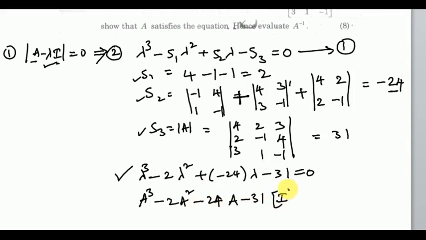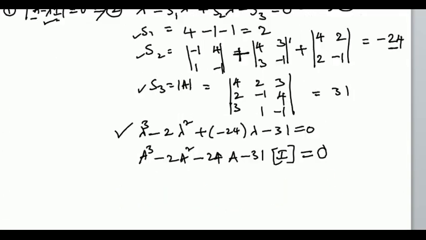Here we need to remember to multiply the identity matrix with the scalar 31 to simplify this matrix equation, and check whether we get 0 or not.